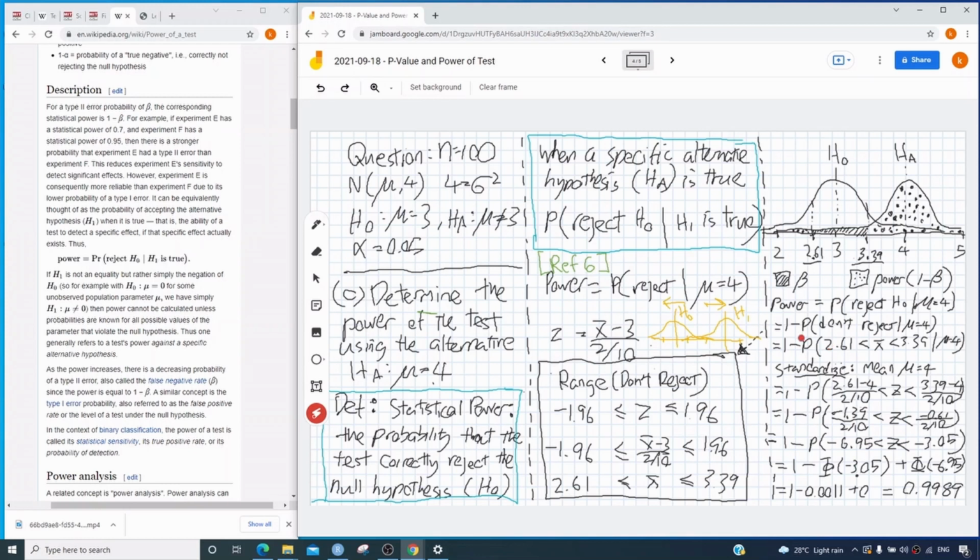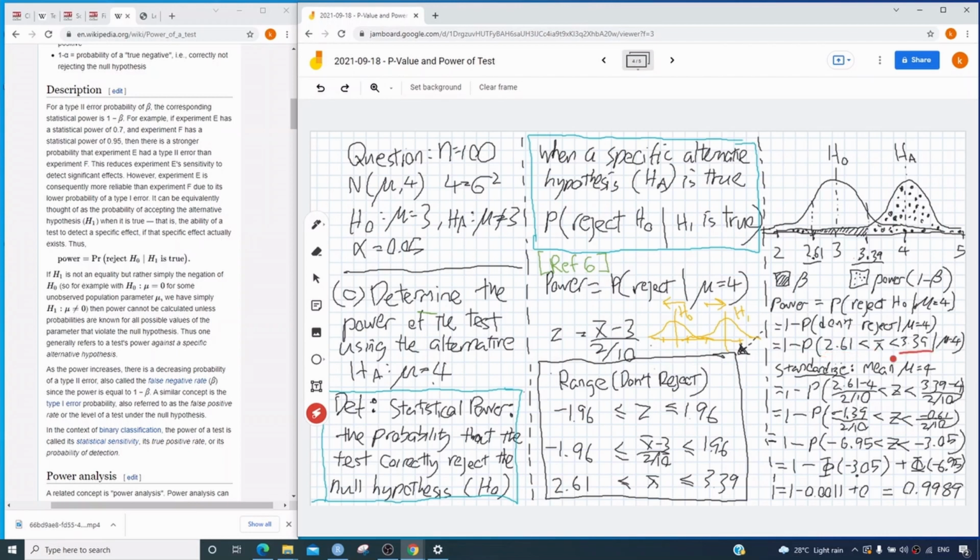So it is actually 1 minus P(we don't reject H0 when H1 is true). Since we got the values 2.61 and 3.39 from part A, we plug them in.